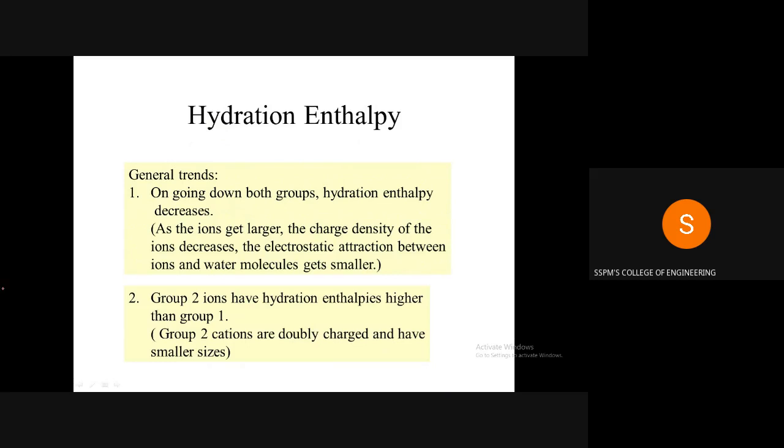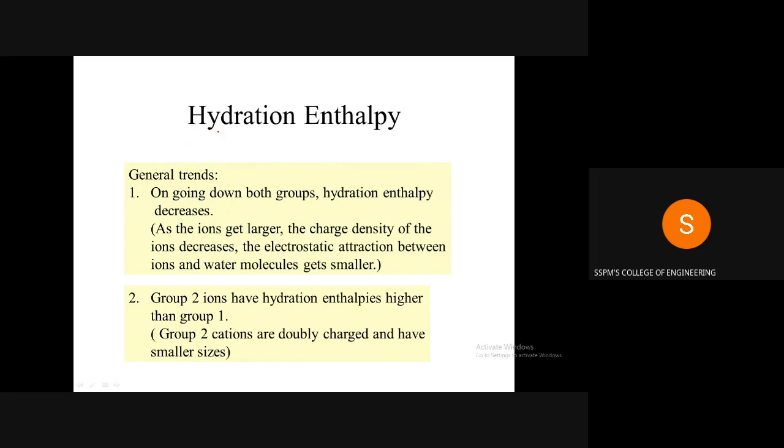Hydration enthalpy. Hydration means the addition of water molecules to the alkali metals and alkaline earth metals, the tendency to react with water, forming hydrated compounds.